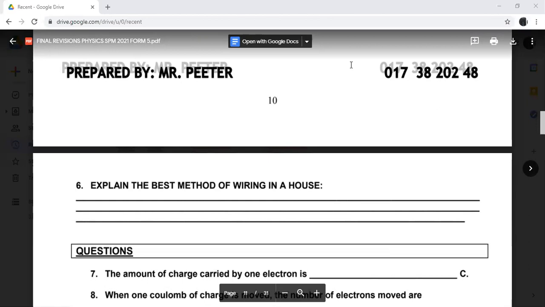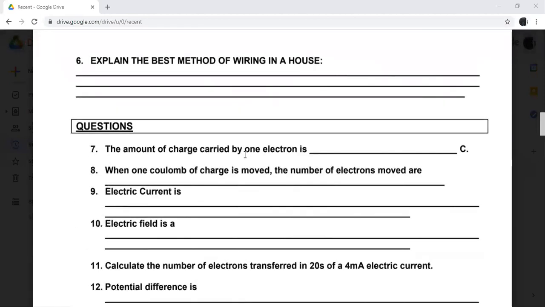Number 3, the total effective resistance can be reduced. Higher current can be applied to the house. So there are many reasons why we use the parallel wiring system in the house.